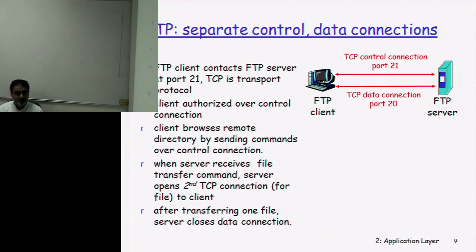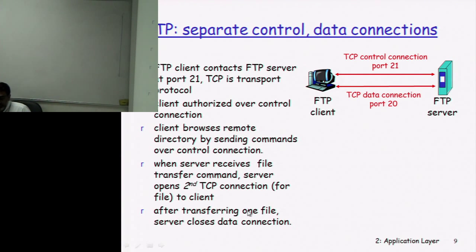So in order to reliably deliver a complete file to the file server or retrieve a file from the file server, it does need a reliable delivery, and control messages are being exchanged during the file transfer. So that is why it is kept separate. Both the things are kept separate to reliably deliver the data to the file server.